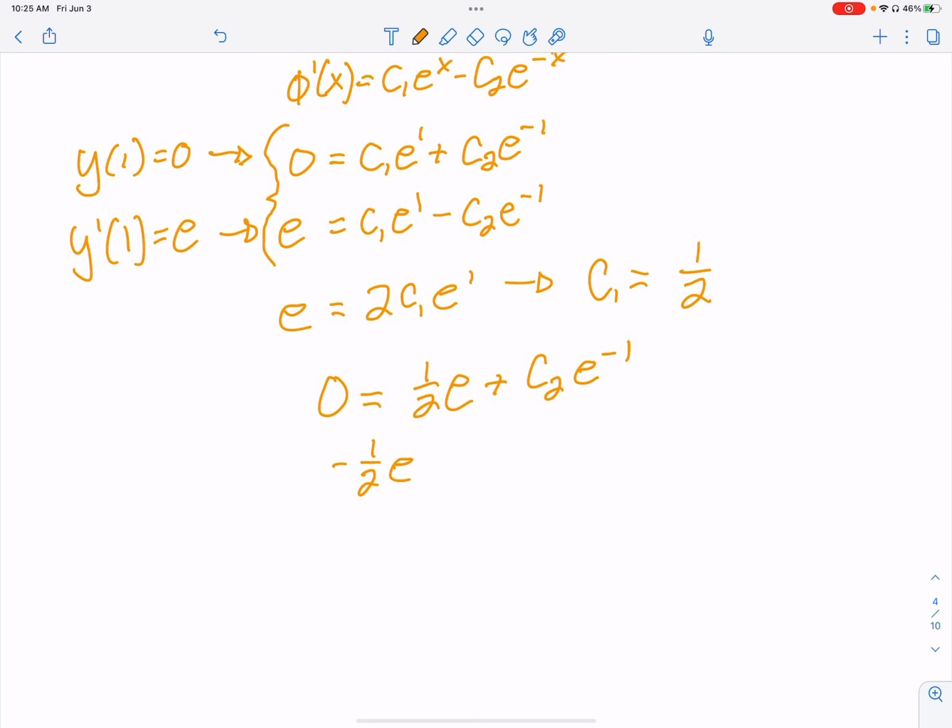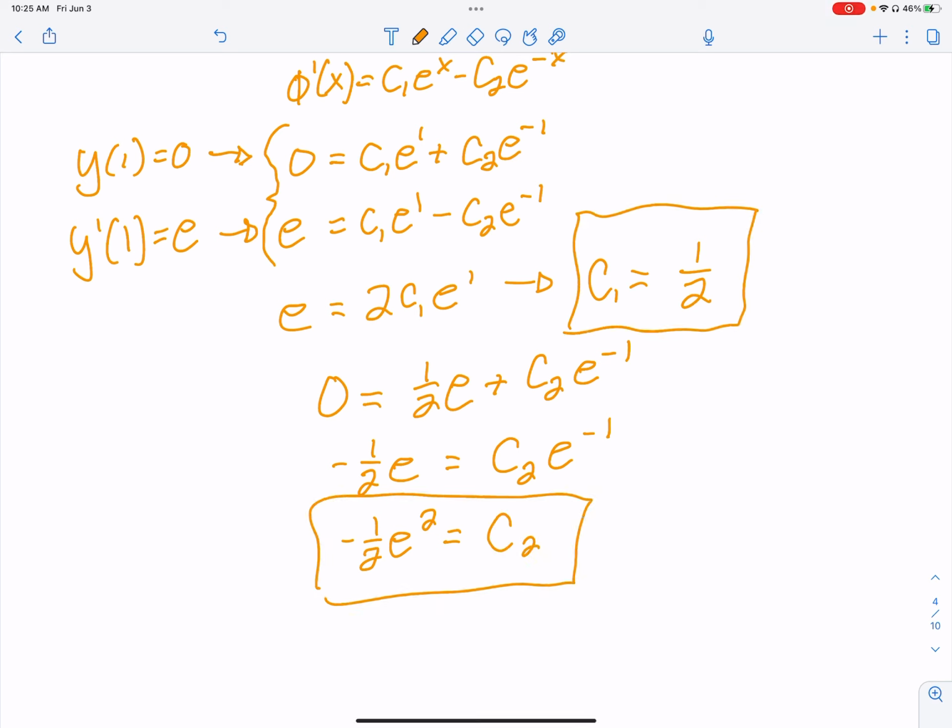So I got negative 1 half e equals C2 e to the negative 1. How I get rid of e to the negative 1 is I just multiply both sides by e to the 1. So I get negative 1 half e squared equals C2. So here's C1 and here's C2. It's not pretty, but we can leave it. We don't want to take the e and plug it in and get a decimal. We like exact better. So systems, and some of them look nasty. This looked nasty, but the elimination method worked out perfect for that. We didn't have to deal with that e to the negative 1, thankfully.